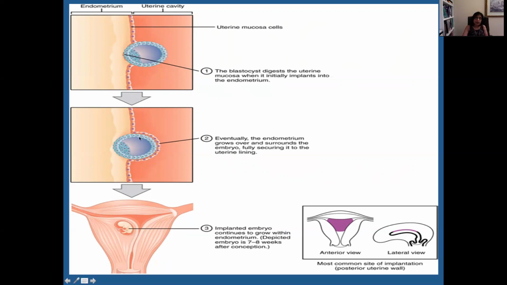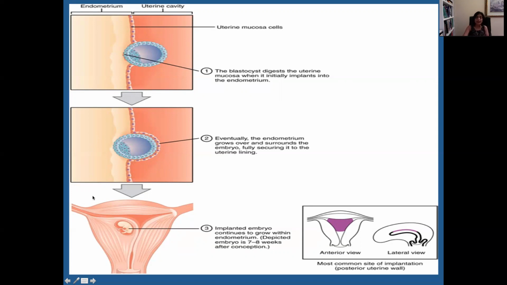And also note that implantation is continuing here. More of the blastocyst is moved interiorly into the endometrium. So now what we see here is we do not see syncytiotrophoblast clearly yet, but assume that that's the layer that has these enzymes which would help break the tissue as it helps burrow the blastocyst deep into the endometrium.